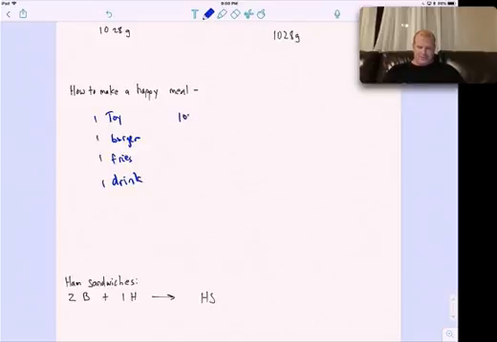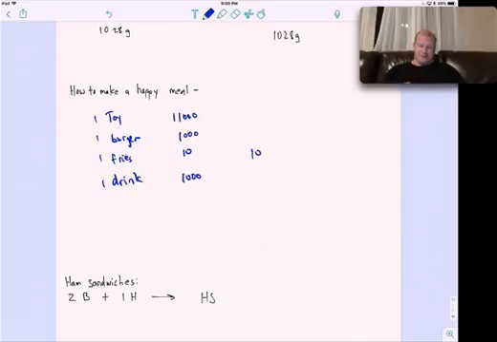So if you have 1,000 toys, 1,000 burgers, 10 fries, and 1,000 drinks, how many Happy Meals can you make? You can only make 10. Why? Because you're limited by the number of fries. If you call your manager, he says, all right, we'll get 10,000 toys to make more Happy Meals. Nope, sorry, I can only make 10 because I'm limited by the fries.